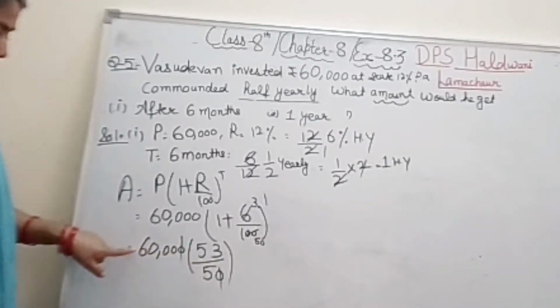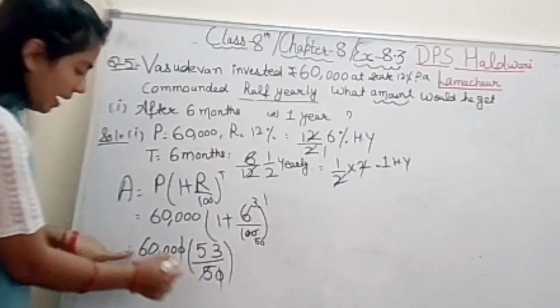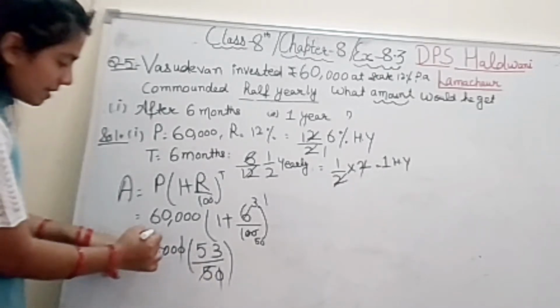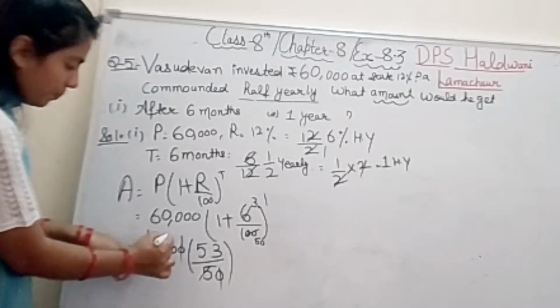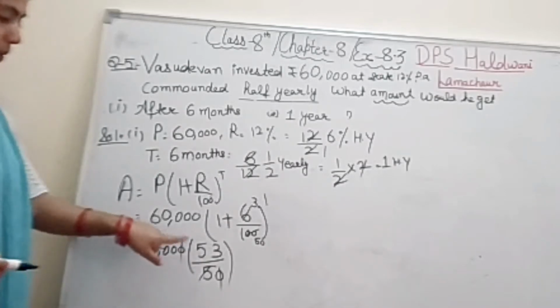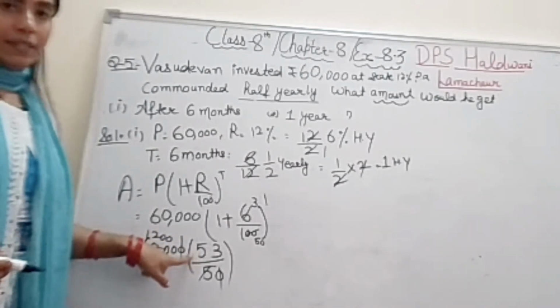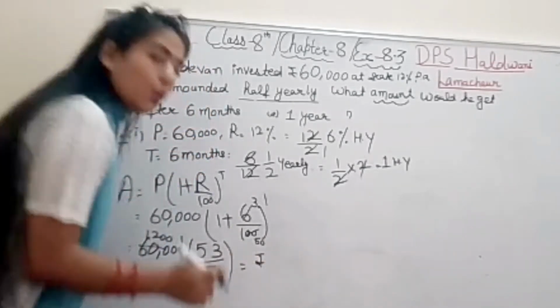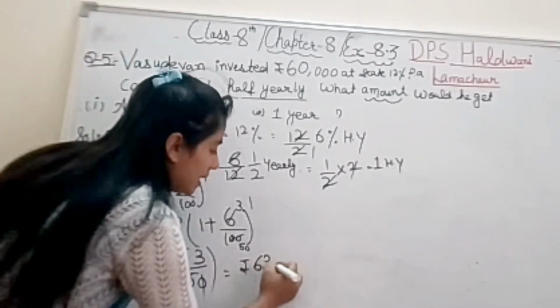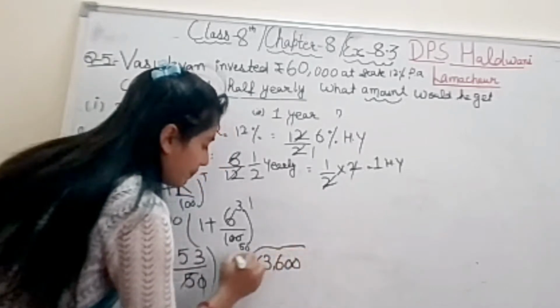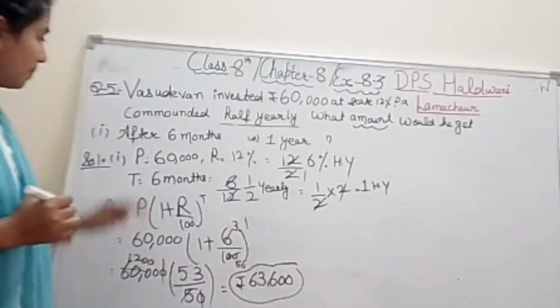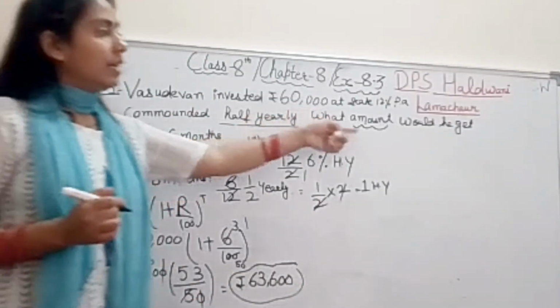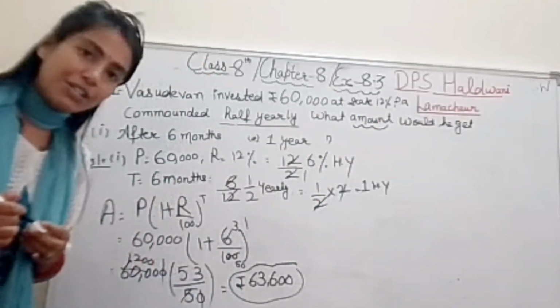Now 5 cancels with this divide, 5 1s are 5, 5 1s are 5, 6, 5 2s are 10, 12. So 12 double 0 multiplied with 53. So you will multiply it and you will get the answer rupees 63600. So after 6 months this much amount he will get, right student?